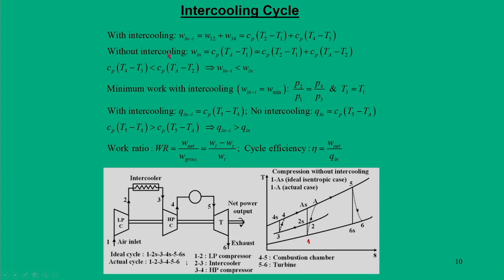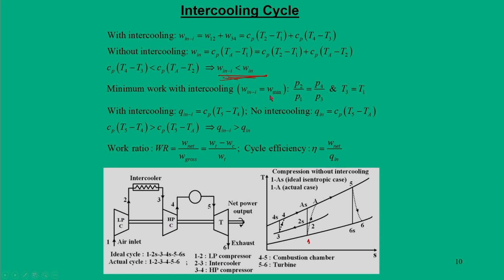Now, had this process been without intercooling, then the work input would have been Cp times (Ta minus T1). So, you can rewrite this expression as Cp times (T2 minus T1) plus Cp times (Ta minus T2). By analyzing these two expressions, one can clearly say that with intercooling the work input is less, and this minimum work with intercooling is possible.